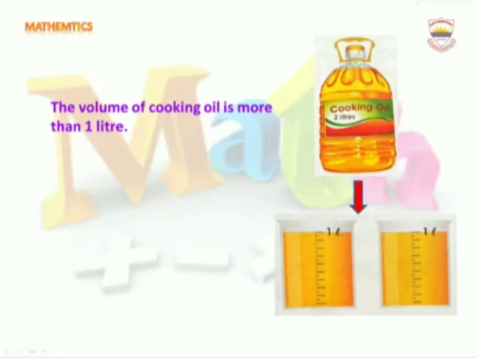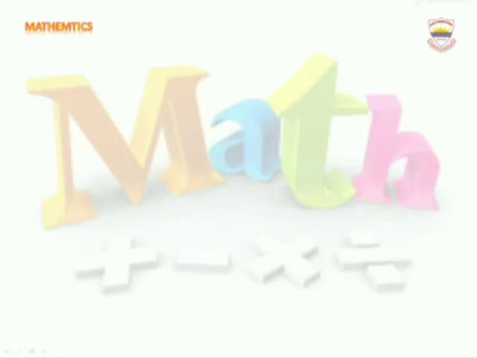It fills 2 beakers completely. It means the volume of cooking oil is more than 1 liter. So the volume of cooking oil is 2 liter. What is the volume of cooking oil? Yes, 2 liters. Now look at the next example.